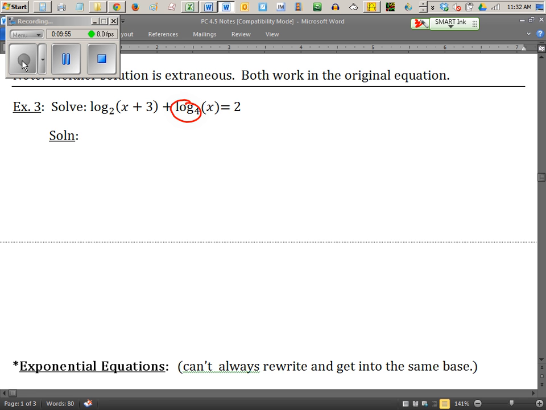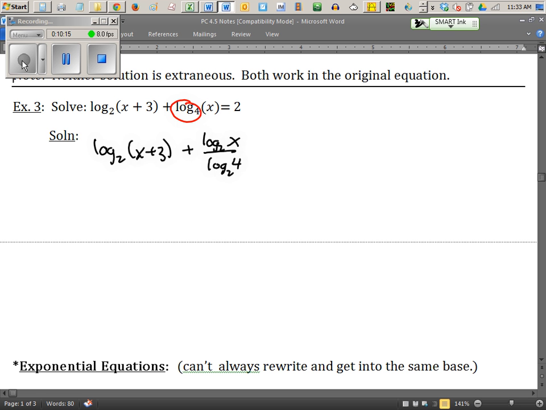I'm going to leave the first term as log base 2 of x plus 3, but the next one I'm going to write it as log x over log 4, and I get to pick whatever base I want. So I'm planning on using base 2 because that's the way the first term was. So I'm going to put in a little 2 right here and here.